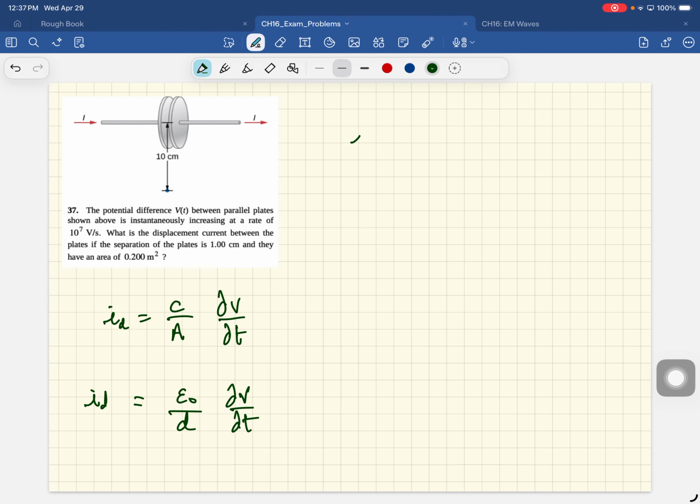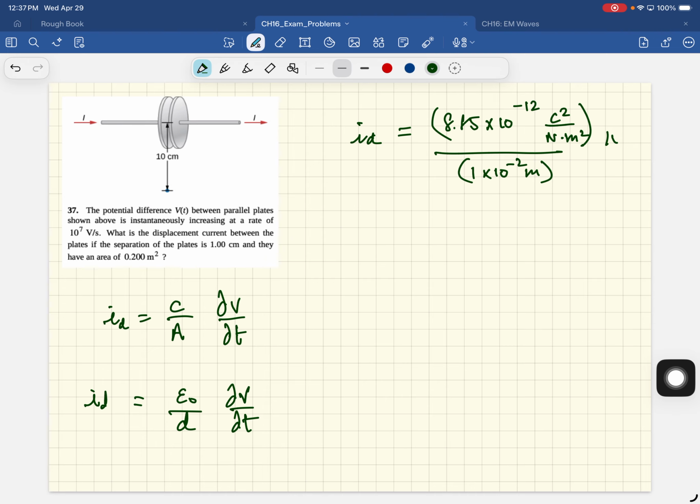So the displacement current is epsilon naught, which is 8.85 into 10 to the minus 12 Coulomb squared per Newton meter squared, divided by 1 centimeter, times 10 to the 7 volts per second.